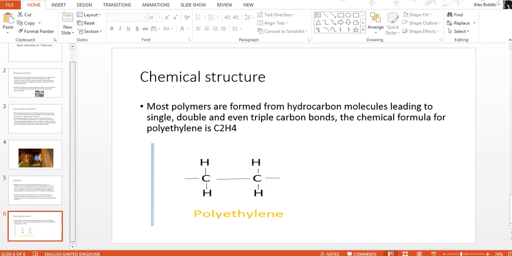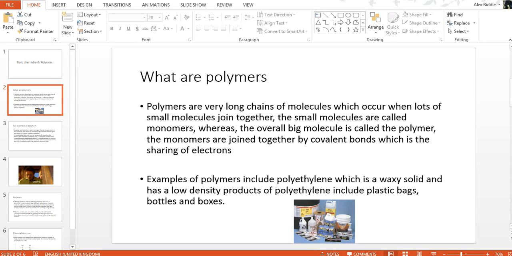So we'll go over it one more time. Polymers are very long chains of molecules which occur when lots of small molecules join together, and the small molecules are called monomers, whereas the overall big molecule is called the polymer. The monomers inside the polymer are joined together by covalent bonds, which is the process of sharing electrons, not trading electrons, between the atoms.